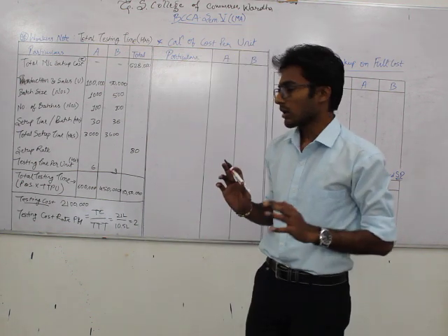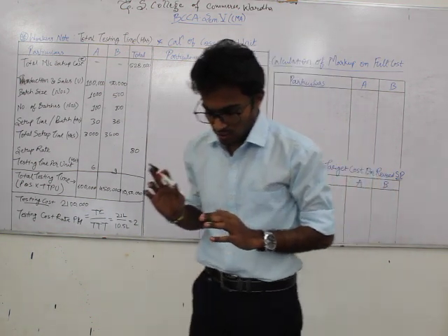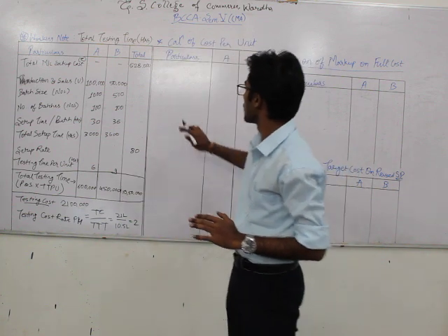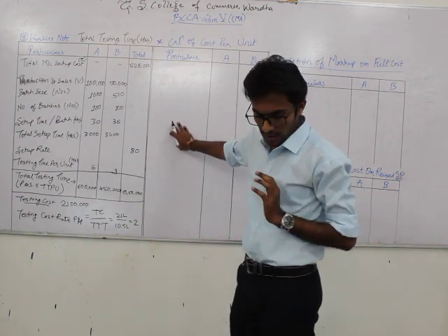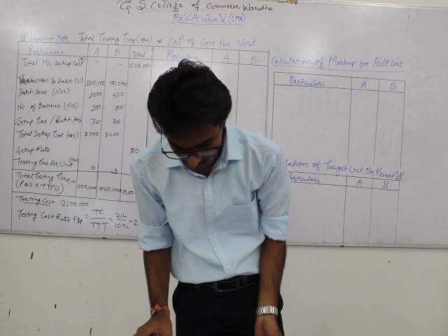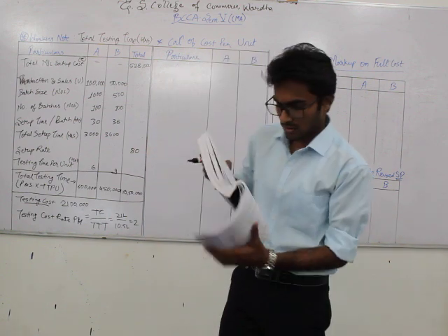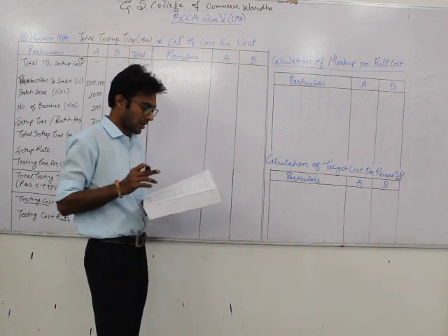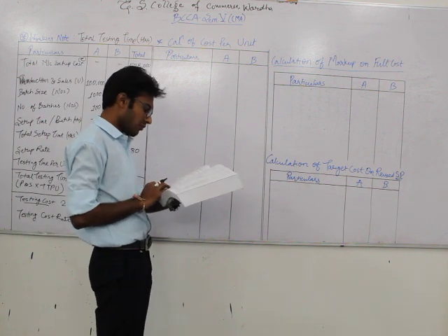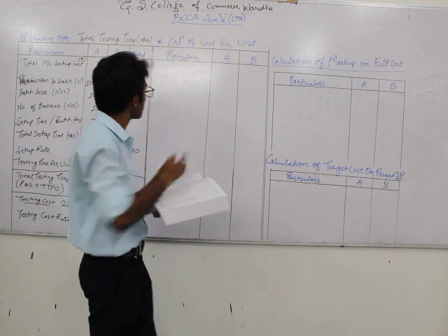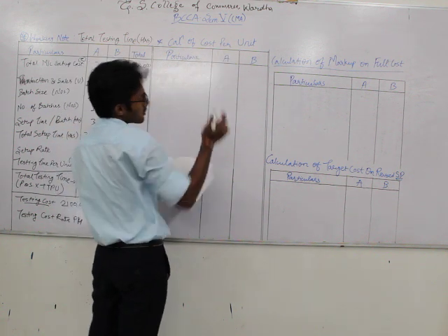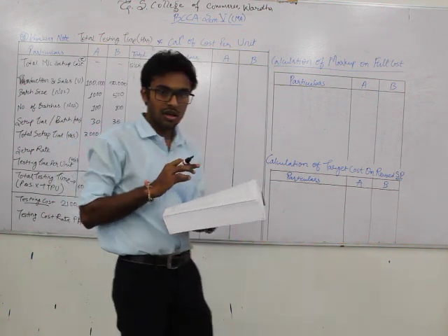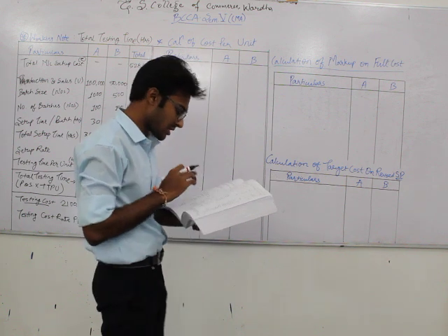Now we are doing this for our actual calculations. But before this, you cannot get the answer properly. So we want to calculate here the calculation of cost per unit. Each and every cost can be considered here.